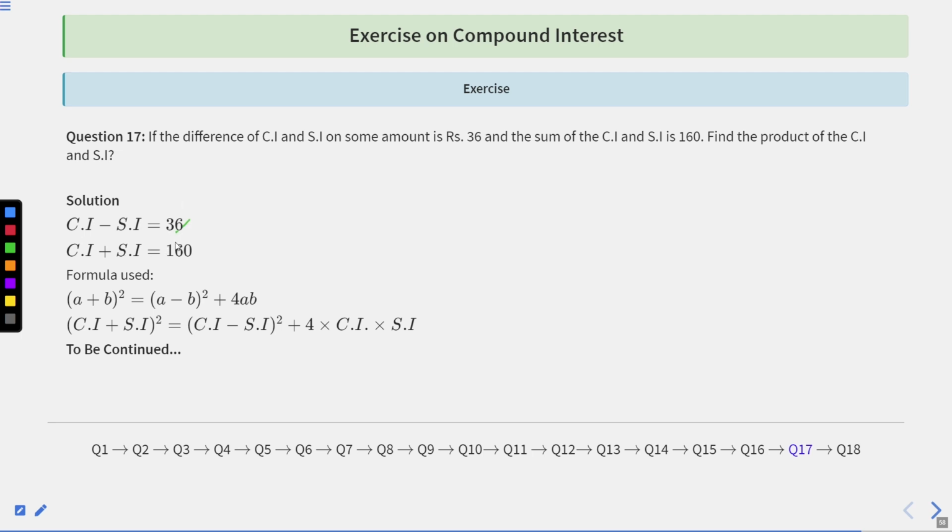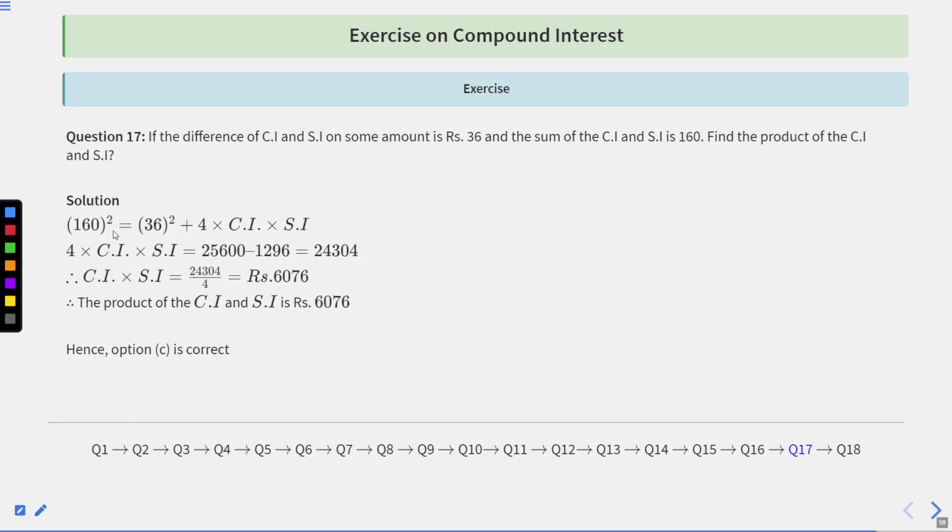Compound interest plus simple interest is 160. So the formula used here will be (a plus b) whole squared equals (a minus b) whole squared plus 4ab. So compound interest plus simple interest whole squared is equal to (compound minus simple) whole squared plus 4 into compound into simple.